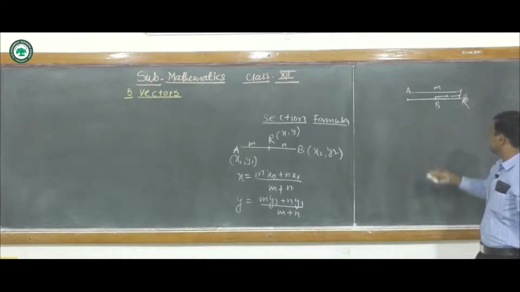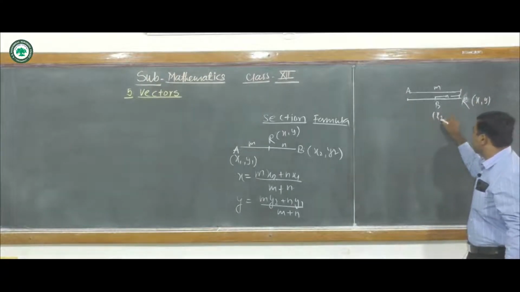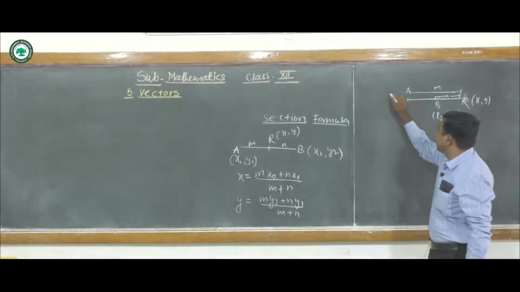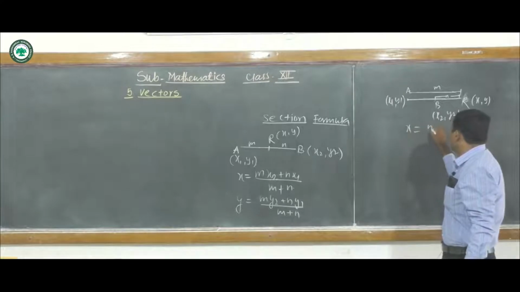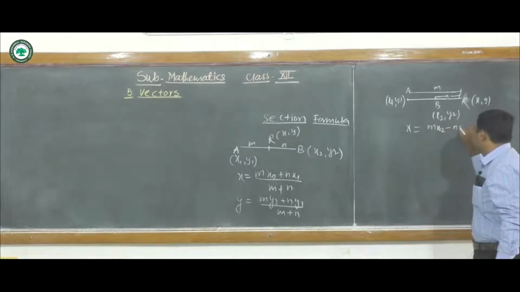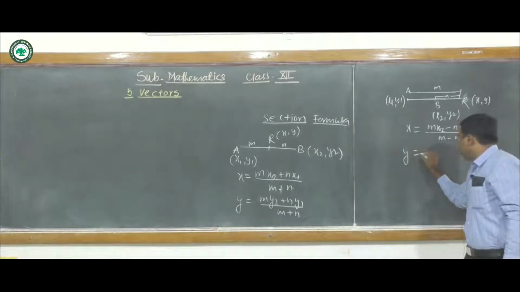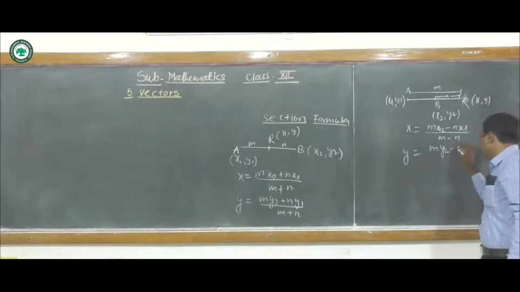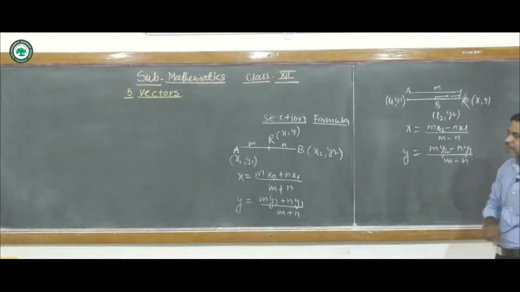In this case, if point R has coordinates x, y, B has coordinates x2, y2, point A has coordinates x1, y1, then small x is equal to mx2 minus nx1 divided by m minus n. And for y coordinate it is my2 minus ny1 divided by m minus n.